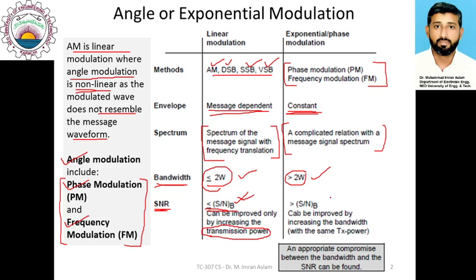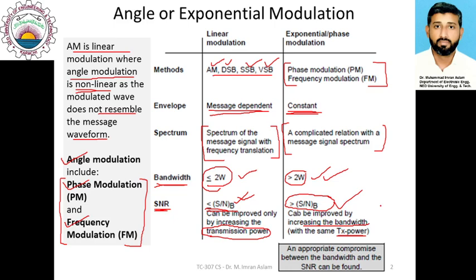However, for exponential modulation, the signal to noise ratio can be greater than the baseband signal to noise ratio. So modulation actually provides some improvement in the signal to noise ratio as well, even without any increase in the transmission power. So there is an improvement in signal to noise ratio, but at the cost of increased bandwidth. We have also discussed that there will be an increase in bandwidth.